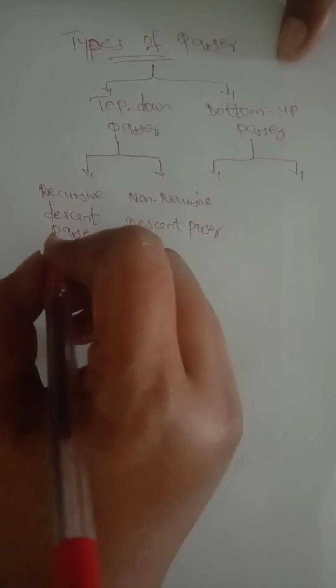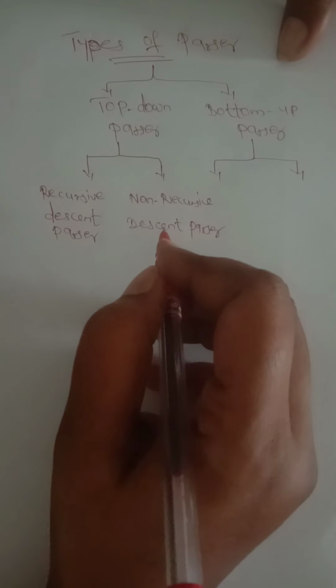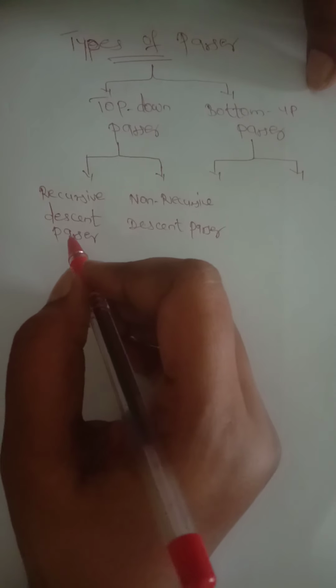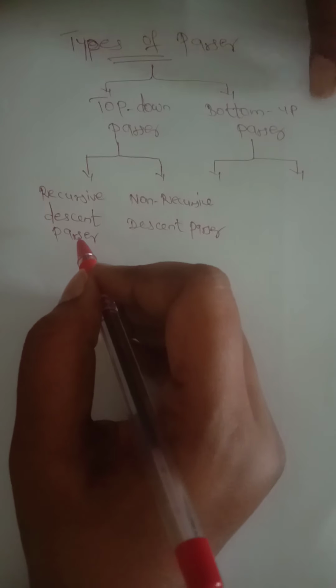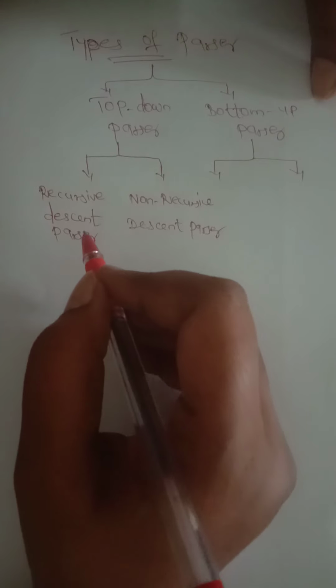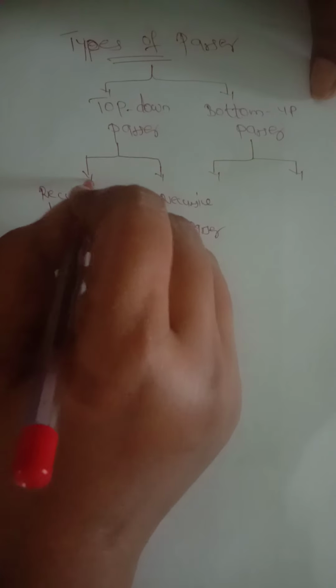Here, what is recursive and what is non-recursive? If you are constructing a parser with a backtracking algorithm, in the sense that you have more than one alternative for checking whether the program is correct or wrong, that kind of process is called a recursive descendant parser.